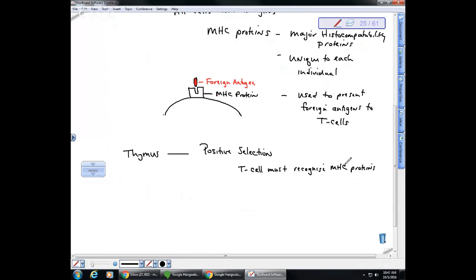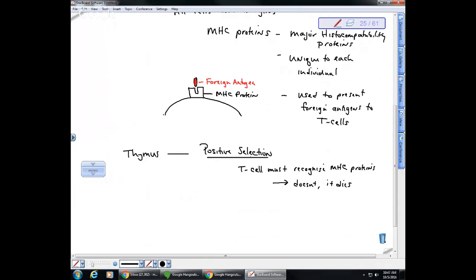If it doesn't, it dies. By chance, we could have T cells that would not be able to recognize your MHC proteins, and that would not be good. So they die. They actually undergo apoptosis, if you remember that from when we were talking about cell division.